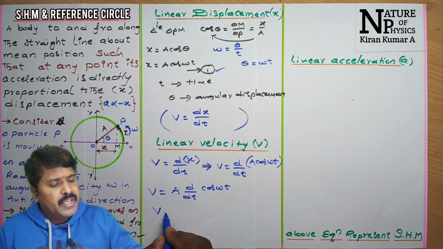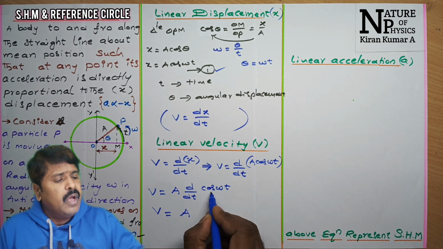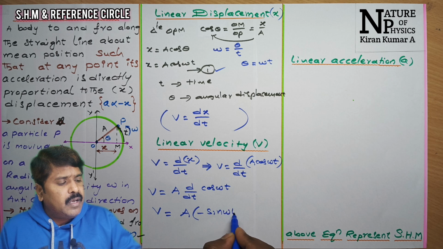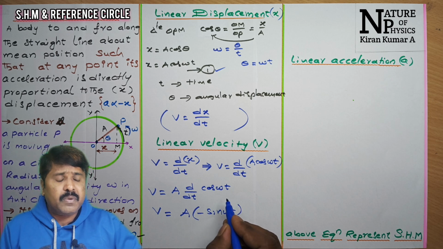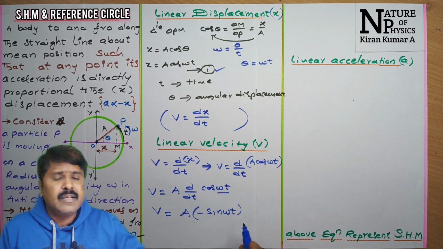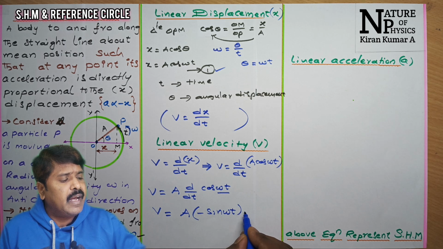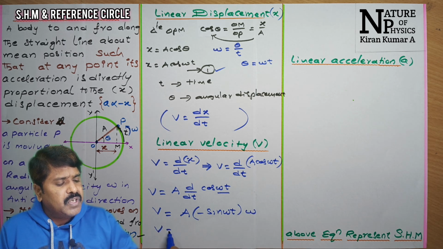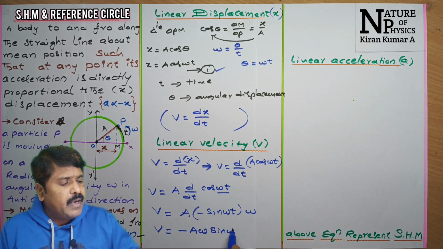Next, v is equal to A into the derivative of cos omega t, which is minus sin omega t. Differentiation is with respect to time only, and omega is a constant, so it stays common. Finally I got the velocity v is equal to minus A omega sin omega t.